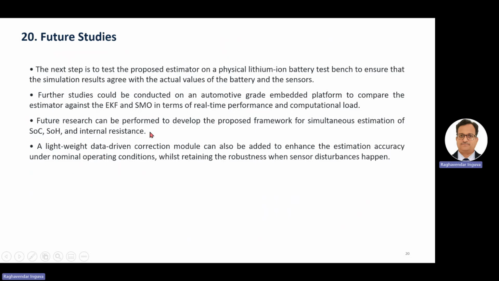Future research can also be performed to develop the proposed framework for simultaneous estimation of SOC, SOH, and internal resistance, which are other very important features that we need to look at when we talk about electric vehicles. Then a low weight data driven correction module can also be added to enhance the estimation accuracy under nominal operating conditions, while retaining robustness against sensor disturbances that are going to happen in EV.